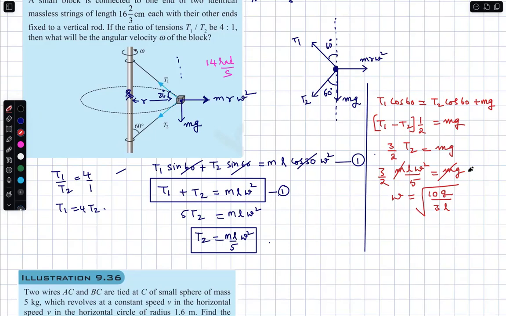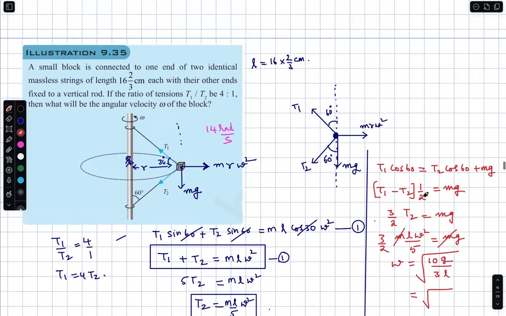Just solve it, trust me, I have done this. You need to convert L properly first of all. 16 times 2 by 3 is nothing but 50 by 3. Improper fraction, if I am not mistaken.